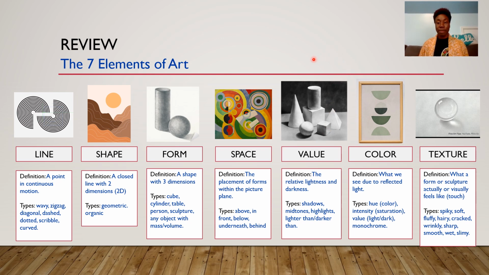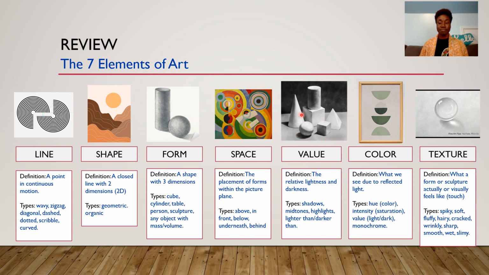So the light source is coming from above because that's where the highlights are. And then you also have the very dark background and midtones of the table. So the highlights are the lightest lights, and the shadows are the darkest darks, and the midtones are the colors in between.